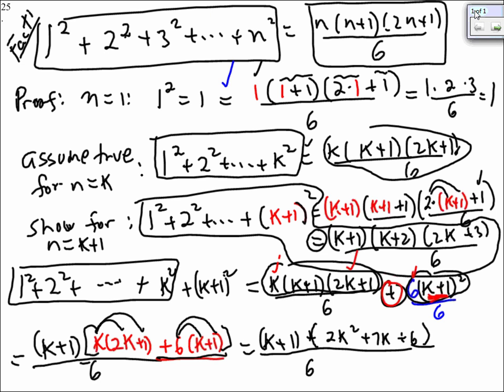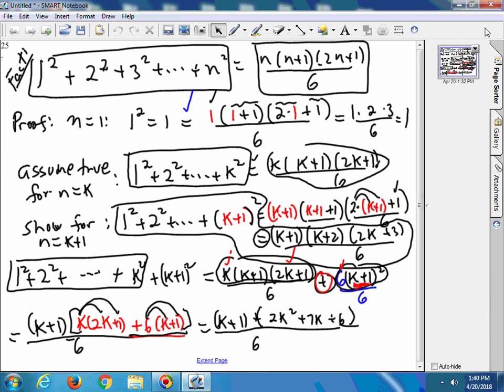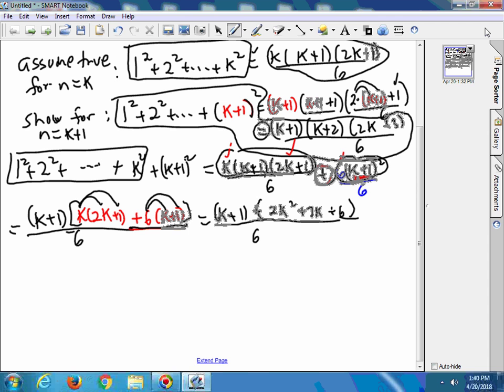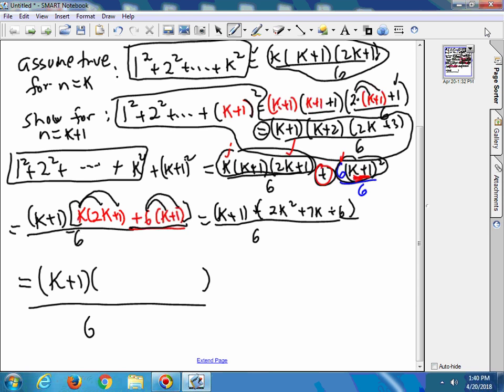Now, it turns out that you can factor that second set of brackets. It turns out that you can factor this as k plus 2 times 2k plus 3.